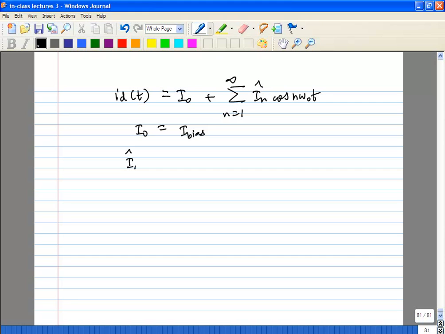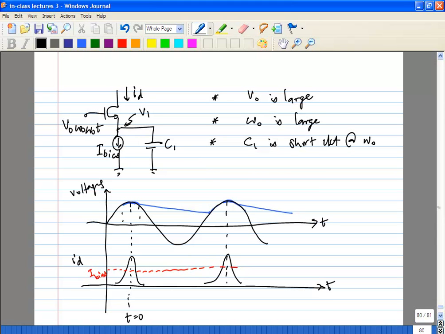Next, let's calculate the fundamental component. What is that? 2 by T. This is the fundamental component, right? But what do we know? We know that ID of T exists only at the peaks of the sinusoid, and at this point the cosine value you can approximate to be 1, because it's just going to conduct for a very narrow sliver of time around the peak.